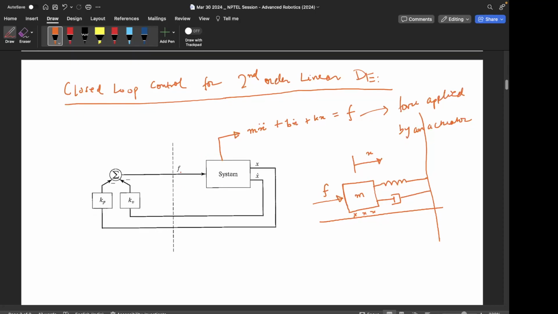So now this dotted line which divides this block diagram, on the right is the physical system, and this is the controller which runs on a computer, right?